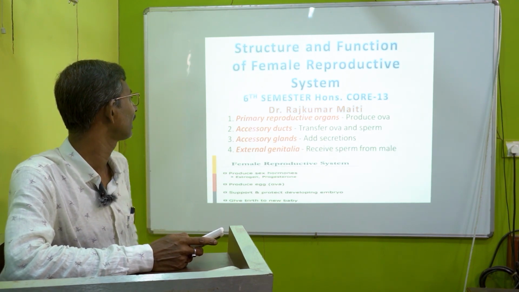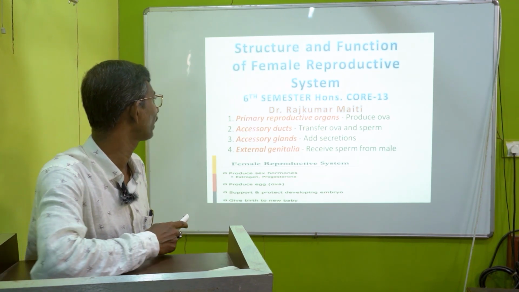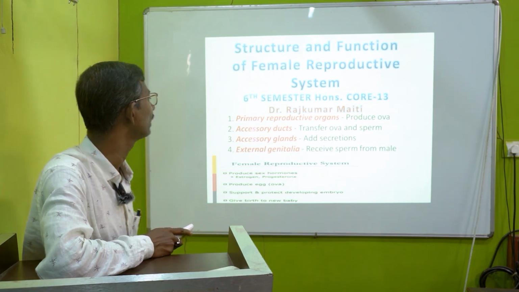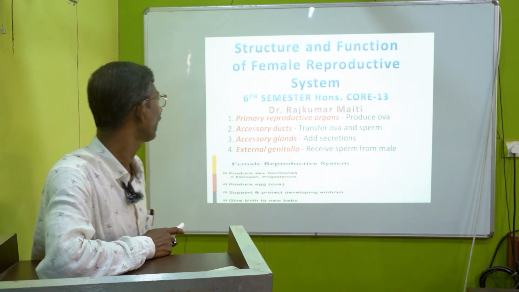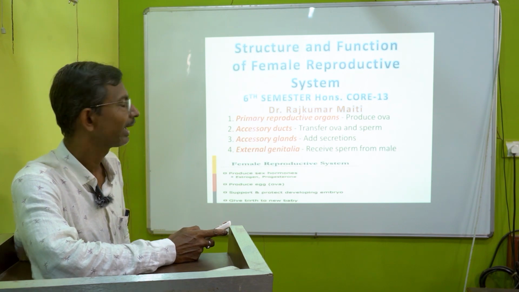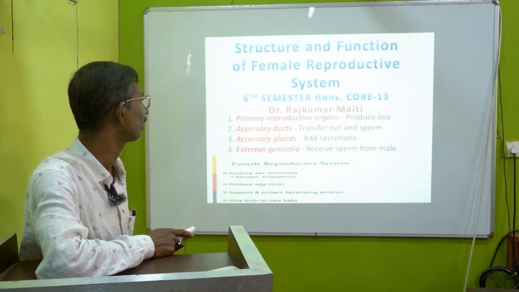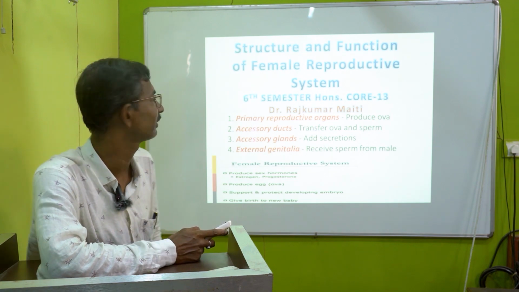First are the primary reproductive organs, that is the two ovaries that produce the ova. The accessory organs are the uterus and fallopian tubes, which transfer the ova and sperm, where fertilization takes place.